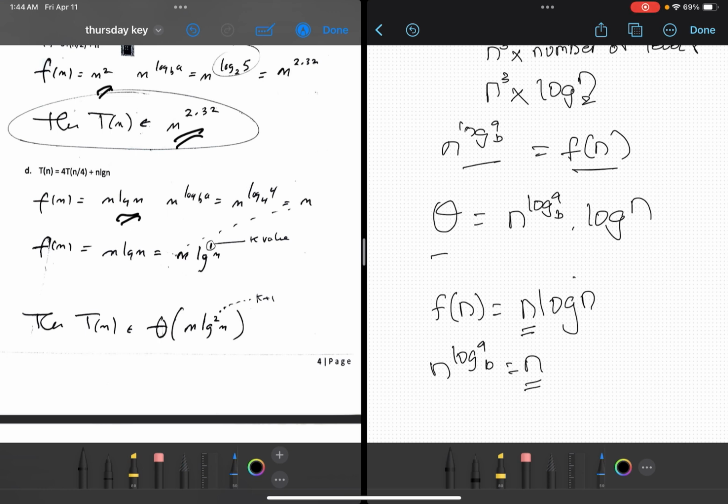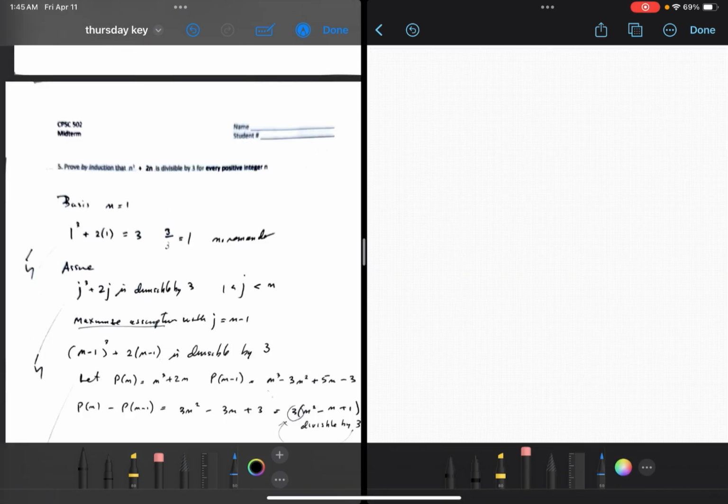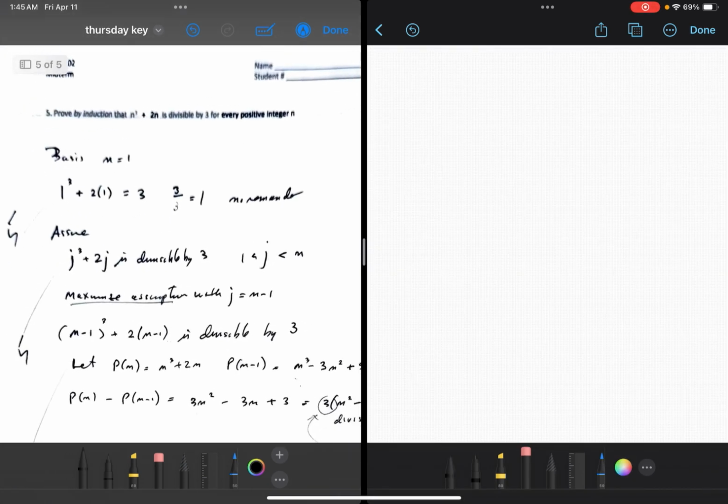And if we already have a log n, the theta complexity will be n times log n to the power 1 plus 1. If there is already a power 1 here, we are going to add 1 to it, and we are going to make it 2.